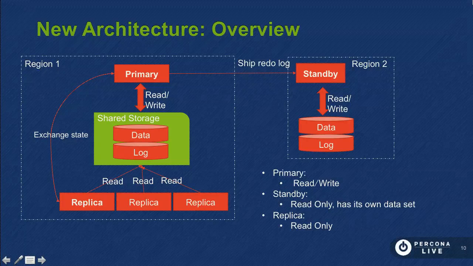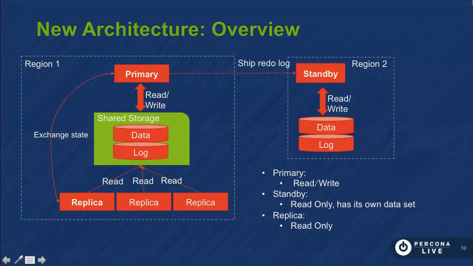So this is the overview of the new architecture. And here there are three kinds of instances. The primary server provides all kinds of workload, and in another region we always set up a standby, which has a full copy of data and log.